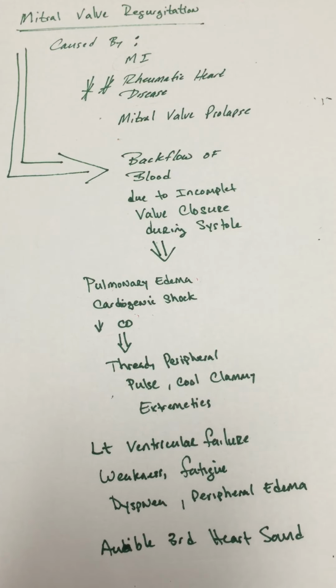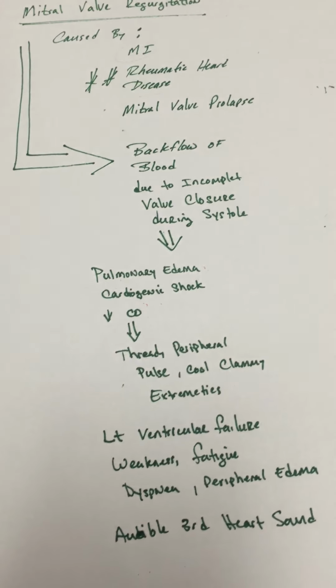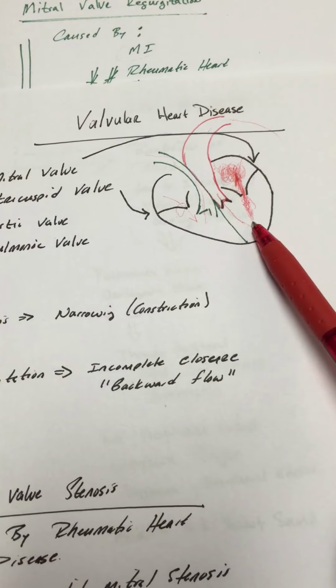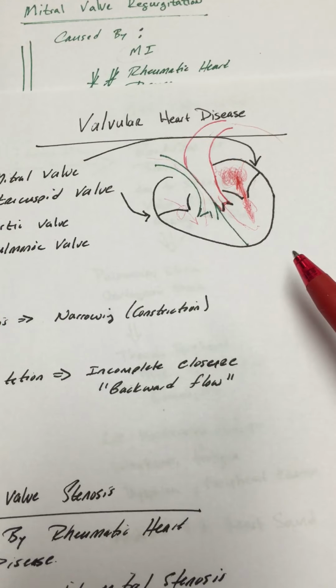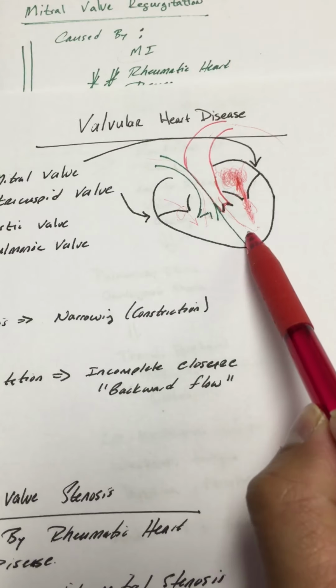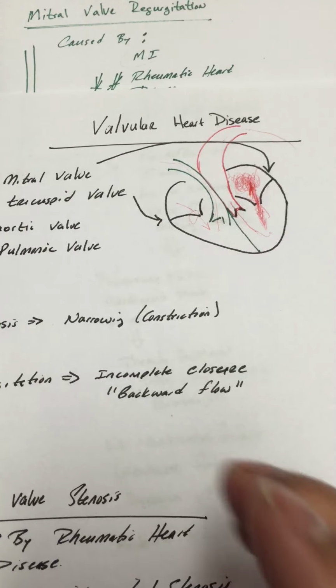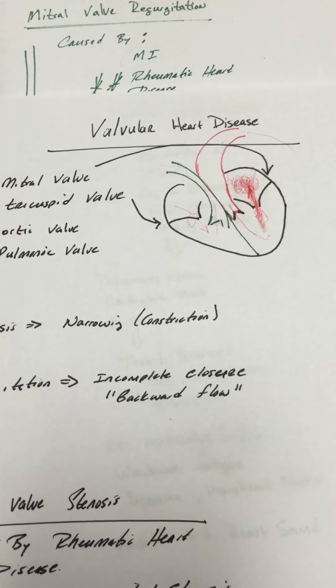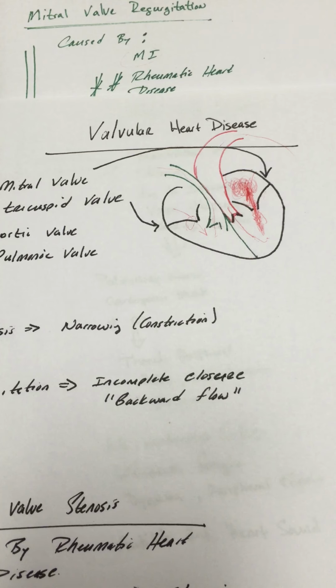Now, if this happens for a prolonged period of time, your heart, your left ventricle is going to try to supply the demand. It's going to try and pump more blood out. As a result, the left ventricle will begin to pump harder, trying to squeeze all the blood that it can out. Now, again, we talked about how the heart is a muscle.